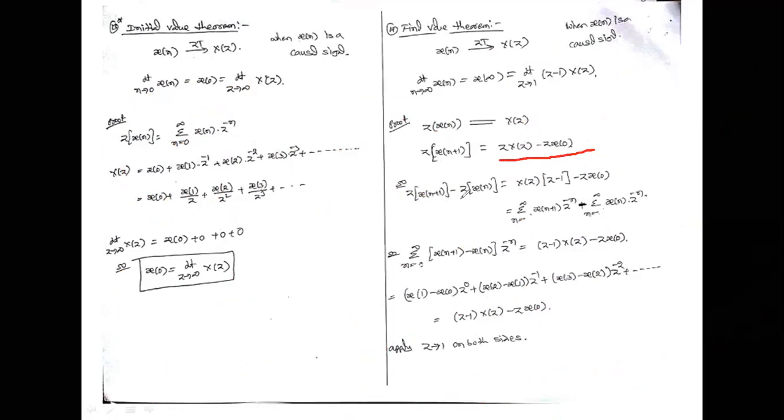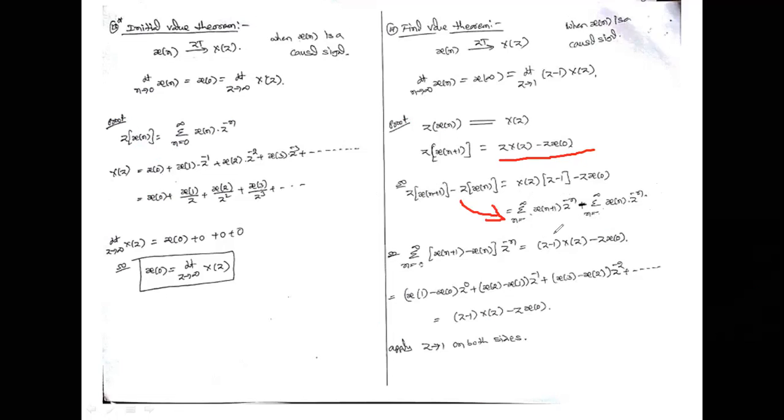And see the minus z x of n, and already these are multiplied with x of z, z minus 1, and that is equal to the sum of n equal to minus infinite to infinite x of n z power minus n, the Z transformation, and this is also the sum of x of n z power minus n, the definition of the Z transformation.